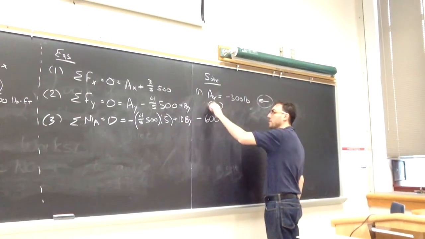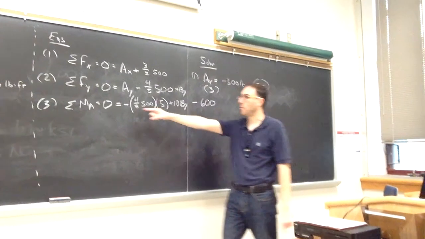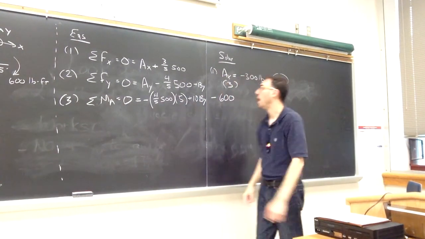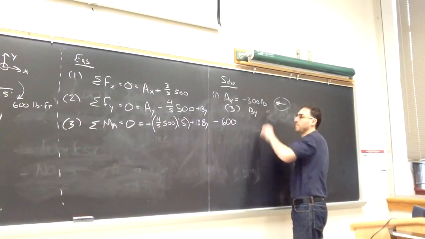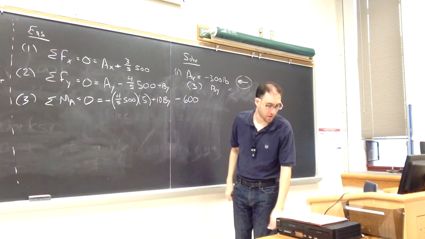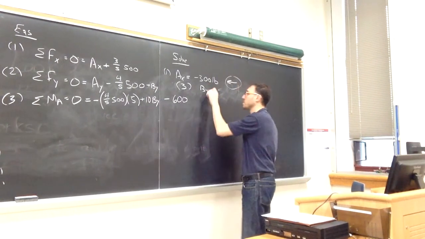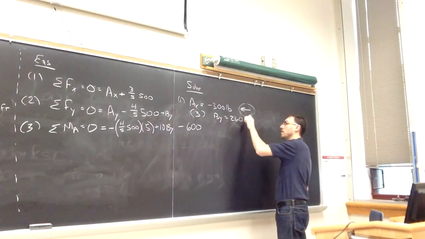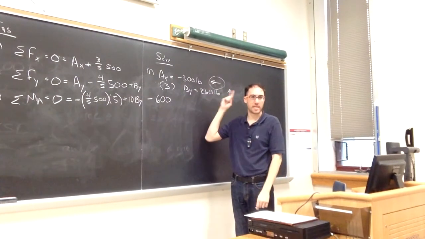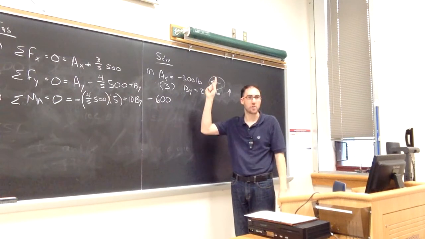Now, because I chose point A, this equation only has one unknown in it, BY. So I can use equation 3 and solve for BY, which is 260 pounds, positive. This is a normal force. It has to be positive because it can only push.